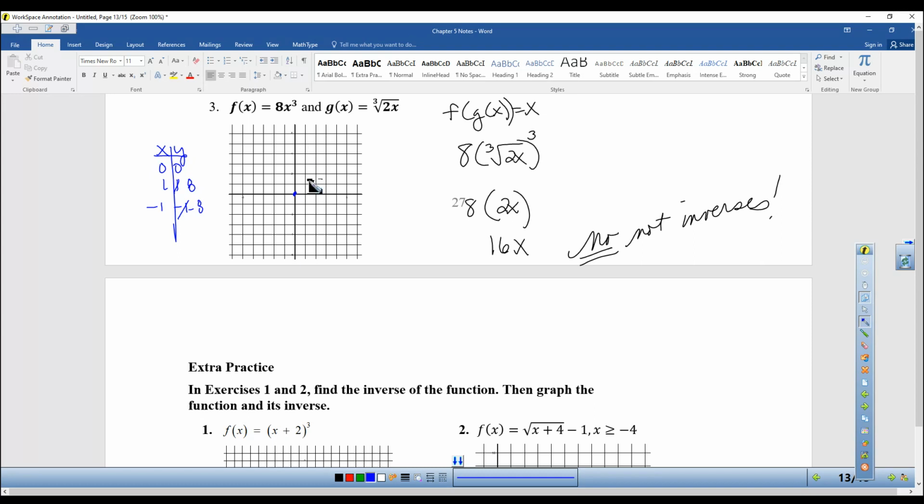So at 1, it doesn't matter to me that you can't reach 8. It just matters to me that you don't cross the 1 line. Because if you crossed it like that, that would indicate that 1, 3 was a point, and it's not. So just make sure that when you're graphing it, you don't cross that 1 line.